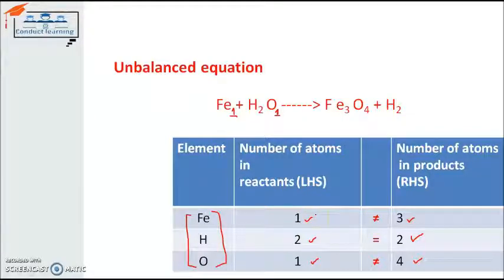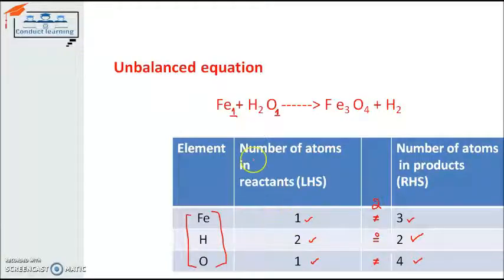On the reactant side the number of atoms for iron is 1, and on the product side it is 3, which is not equal. The difference is 2 atoms. The number of atoms for hydrogen on the reactant side is 2, and on the product side it is 2, which are the same. So the difference is 0.